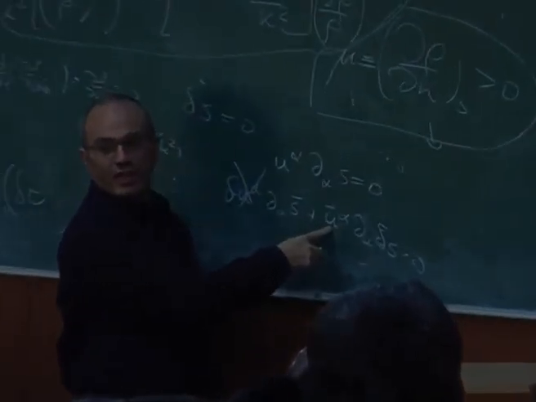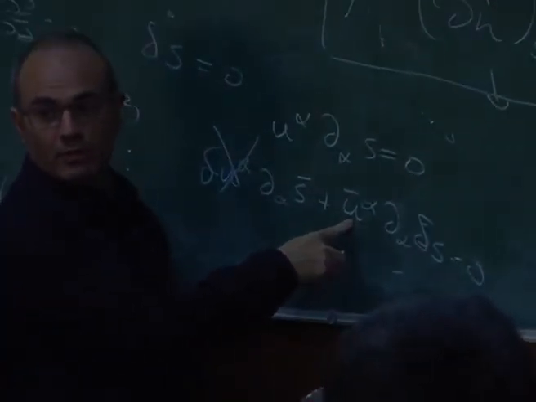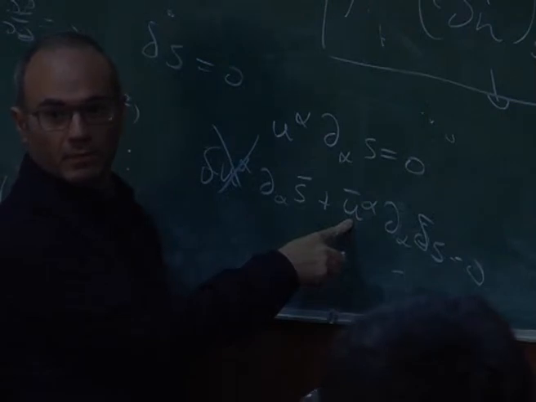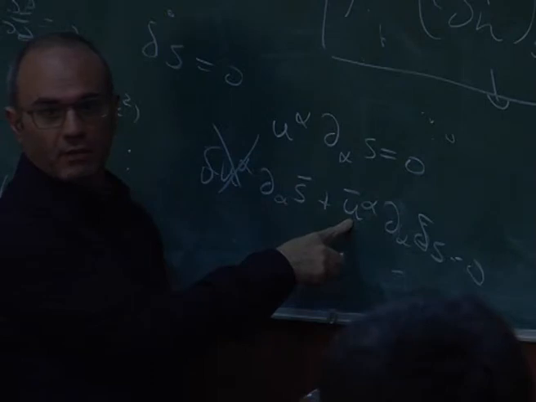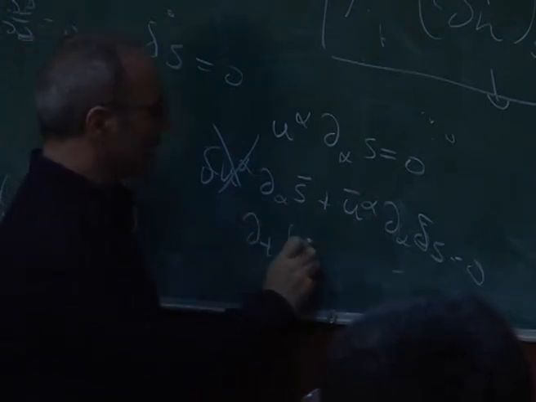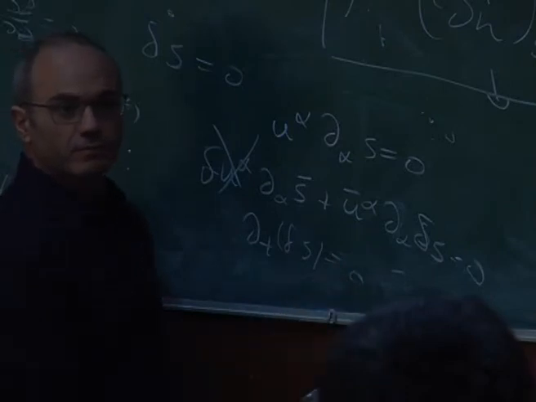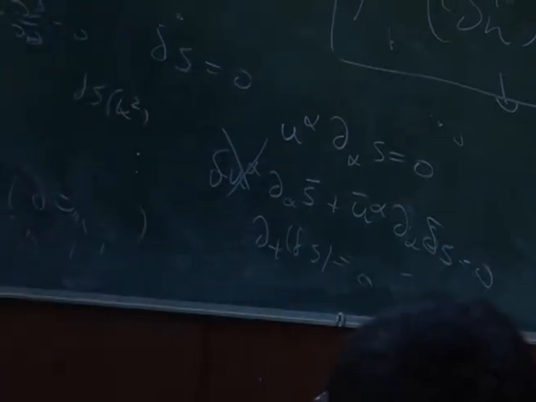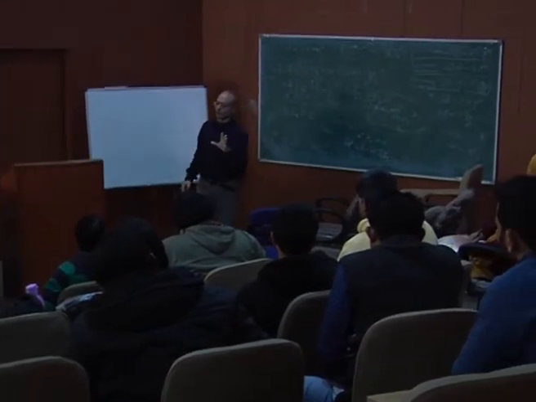And u^alpha is only non-zero for the 0 component; the space component is 0. So this automatically says dt delta S equals 0. It's not a surprise. Once we integrate the Lagrange multiplier in a correct way, the equation we get must be completely consistent with the initial equation we had. So delta S, whatever it is, will be only an initial condition.